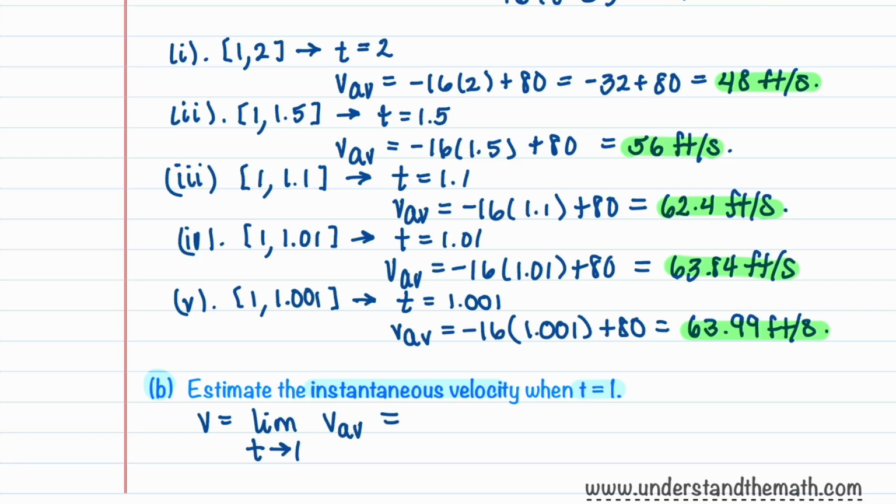When we look back up at our answers that we highlighted in green, we have to find our limiting value. As you look at those numbers, can you see that they are getting closer and closer to 64? So that's actually going to be our instantaneous velocity. So our instantaneous velocity is going to be 64 feet per second.